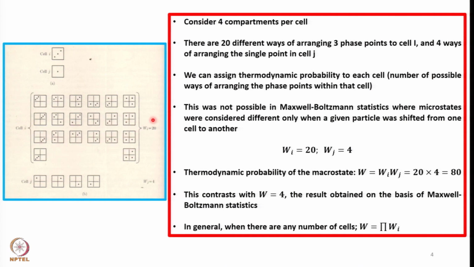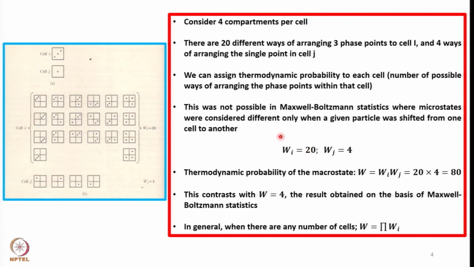I hope you understood that we considered compartmentalization of cell I. We created 4 compartments, also in cell J, and considering the various permutations and combinations, there are 20 different ways of arranging 3 phase points in cell I and 4 different ways of arranging 1 phase point in cell J. Remember that this was not possible in Maxwell-Boltzmann statistics, where microstates were considered different only when a given particle was shifted from one to another.